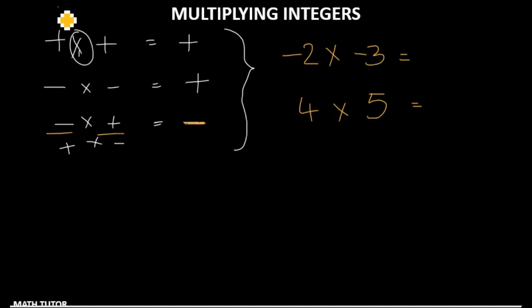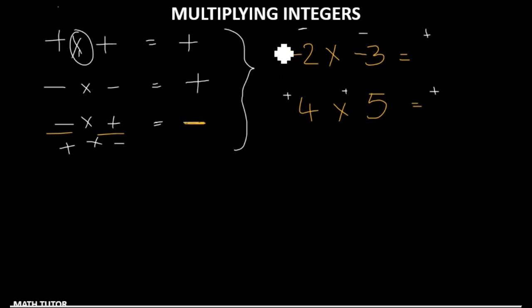Here also, both are of the same sign. In these cases, having the same sign, minus and minus here, their product will always be positive. Same here too. Positive and positive, the product will be positive.